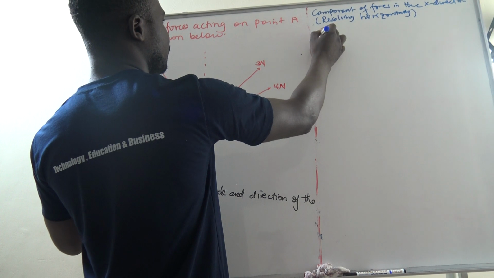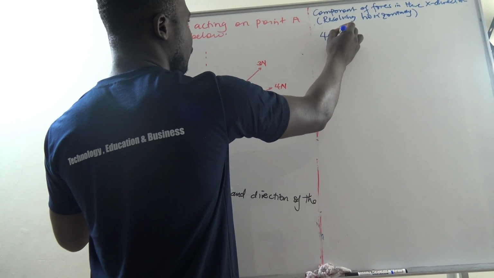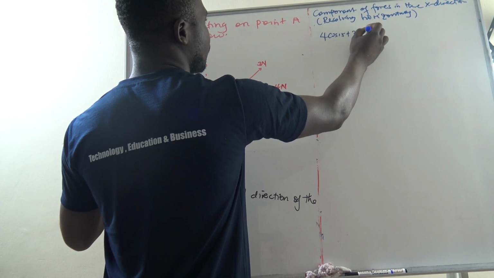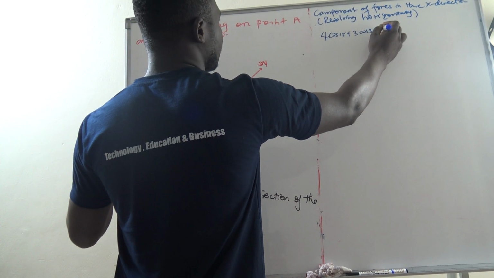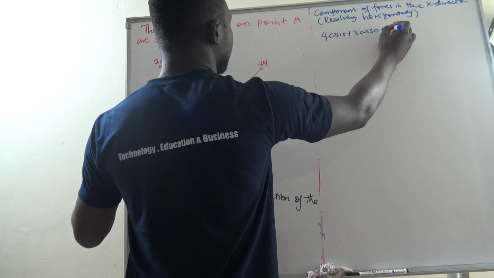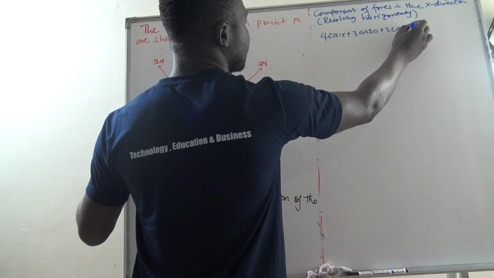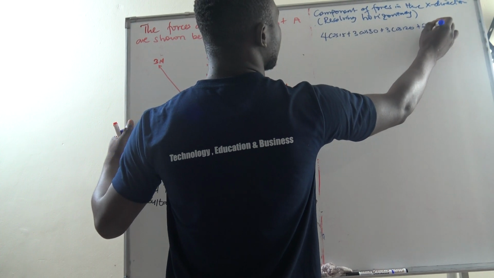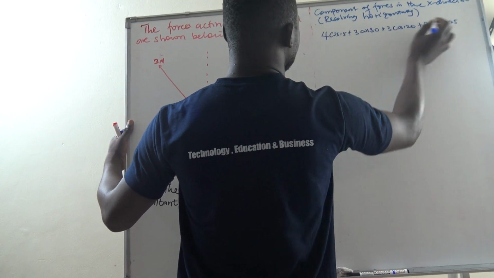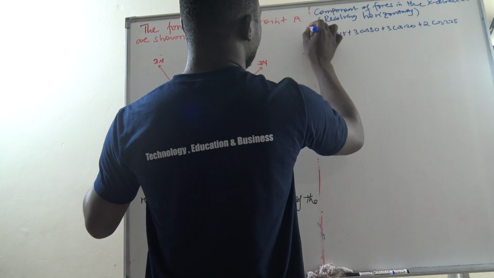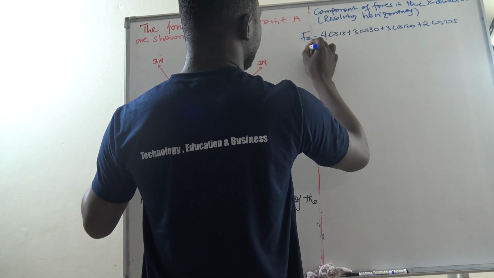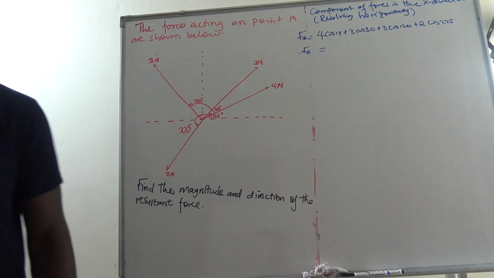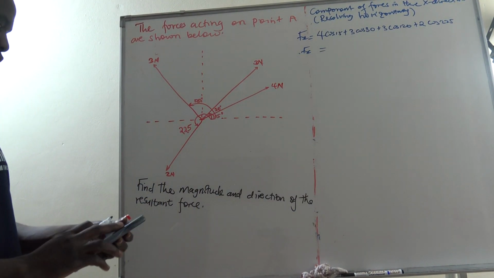So this force will be 4 cos 15 plus 3 cos 30 plus 3 cos 120 plus 2 cos 225. Here we shall have gotten the horizontal component Fx of the force. Now let us compute.